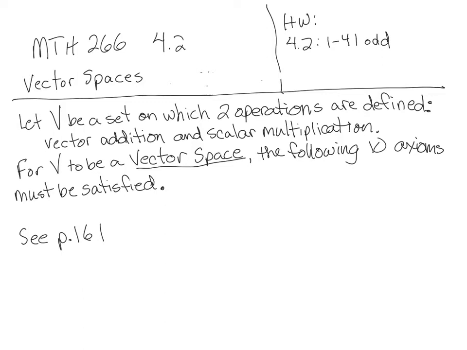Now, there is a standard definition of vector addition, where you add the x's, add the y's, add the z's, dot, dot, dot, and scalar multiplication, where each component just gets multiplied by the scalar. Those are the standard definitions of vector addition and scalar multiplication, the definitions that we've learned before many times.